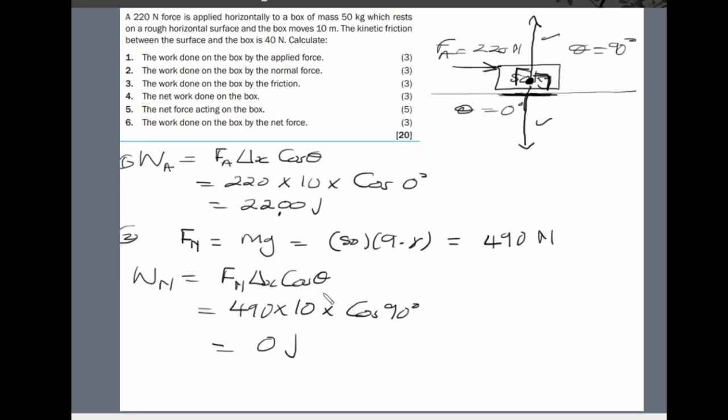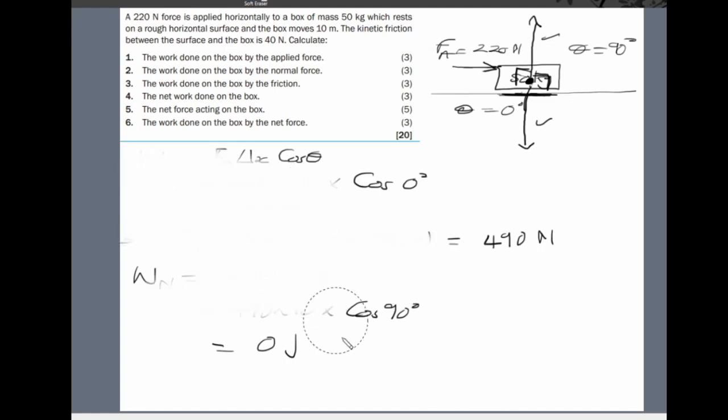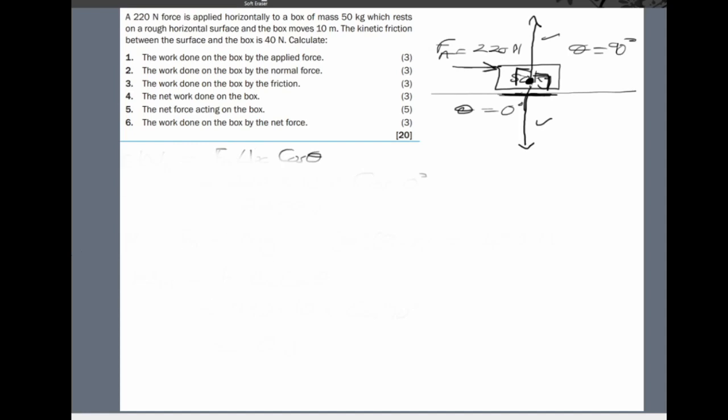Okay, so let us go on to question 3. Calculate the work done on the box by the frictional force. Okay, so we are told in the question the kinetic friction between the surface and the box is 40 newtons.